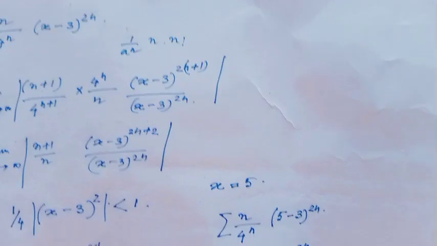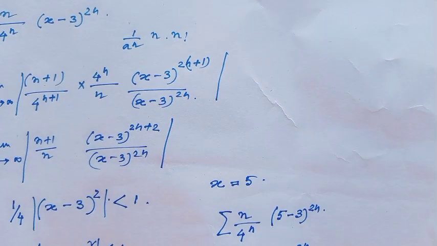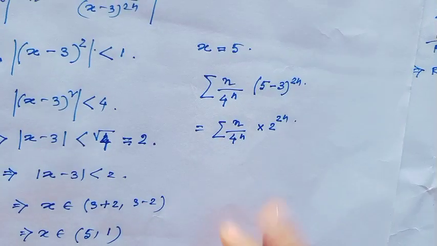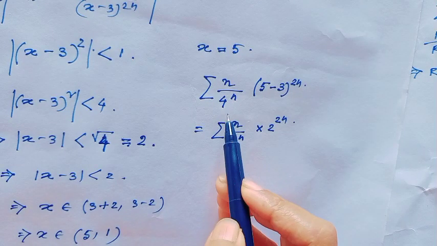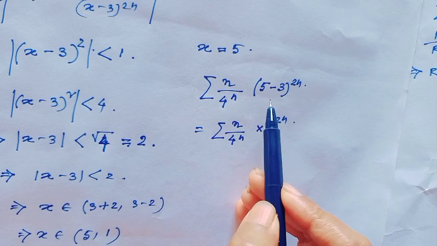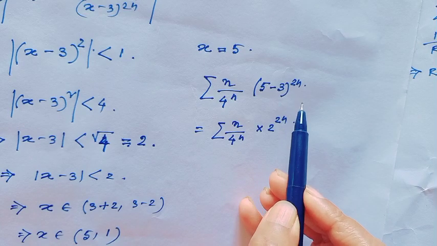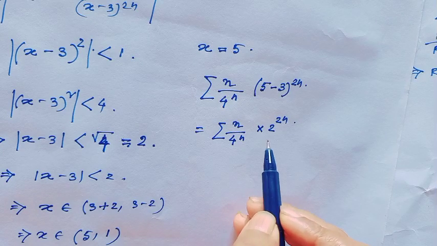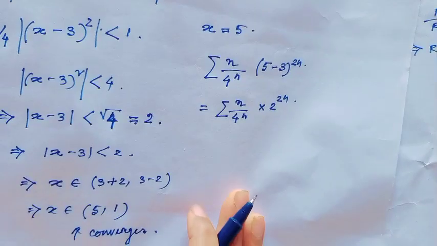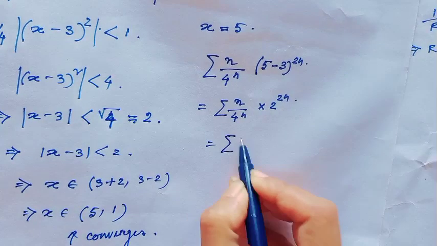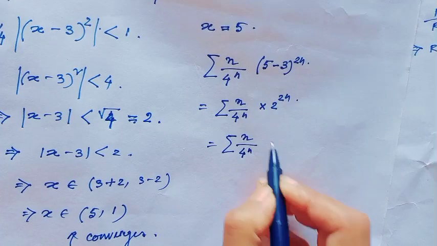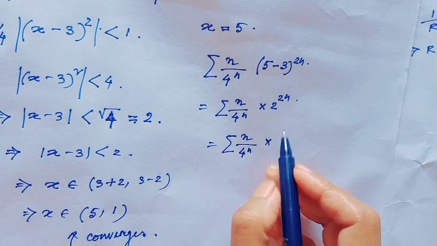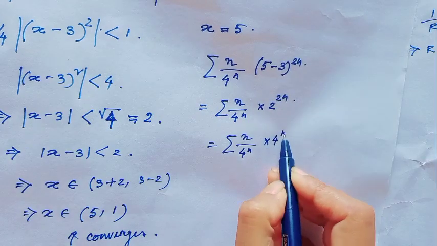At first, I will check at the point x equal to 5. That implies the series n over 4 to the power n times (5 minus 3) to the power 2n. That implies the series n over 4 to the power n times 2 to the power 2n, which means 4 to the power n.